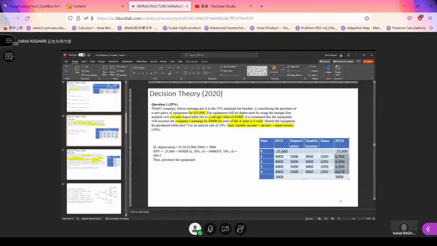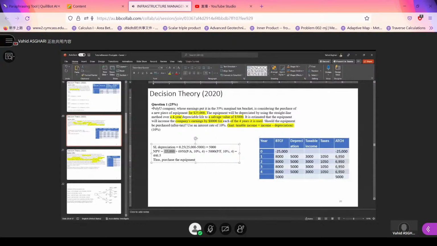Finally, the total amount of money that the company needs to pay, how much is it? How much is the total revenue? How much is the total income? So the company directly earns $8,000 and directly pays $1,050. The profit will be $6,950. As simple as that.